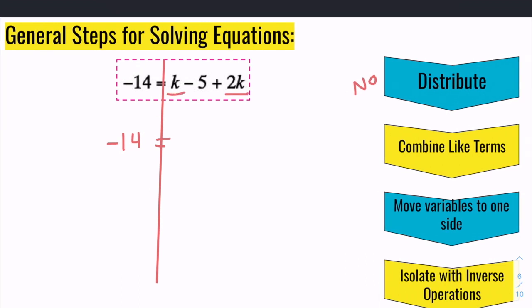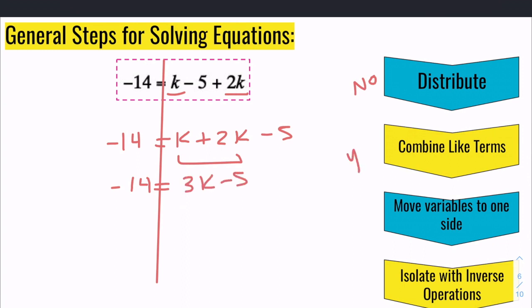Instead of writing it as k minus 5 plus 2k, let's write it as k plus 2k minus 5. What's nice about that is it puts the variables together, but it doesn't change the value of the right side at all. And then what you can notice is, okay, I have 1k and 2k, and they're being added together. So I can actually rewrite that as 3k minus 5.